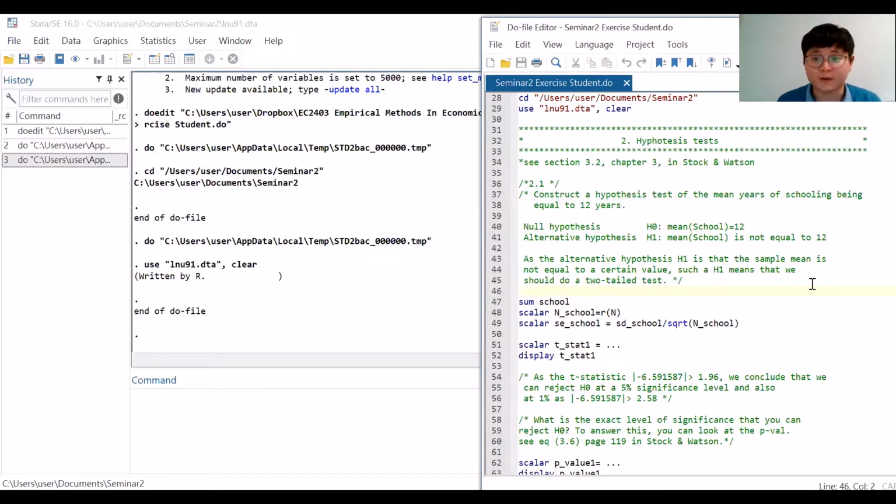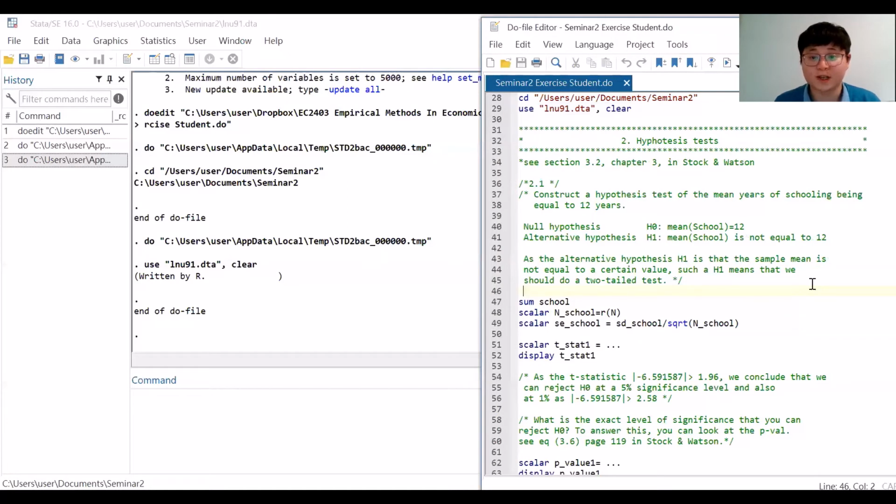The null hypothesis is that the mean of years of schooling is equal to 12. And of course, the alternative hypothesis is that the mean of the years of schooling is not equal to 12.